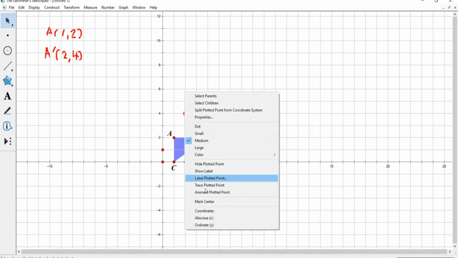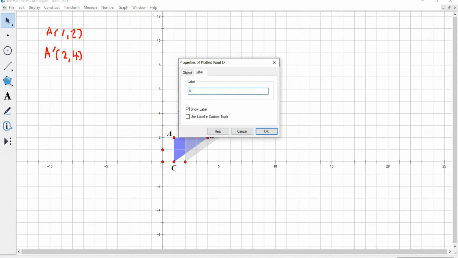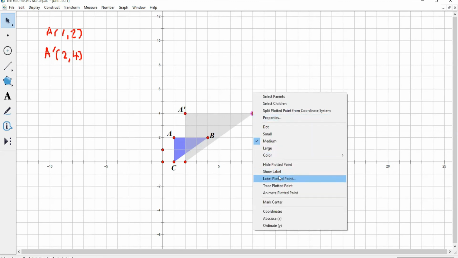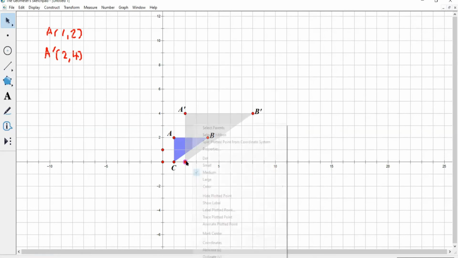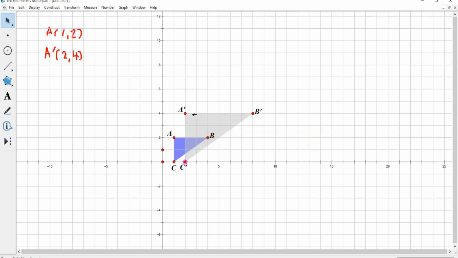Just label them now as A prime, B prime, and C prime. All right, so now we labeled all our points, and that's it. This triangle is the enlargement of this triangle.